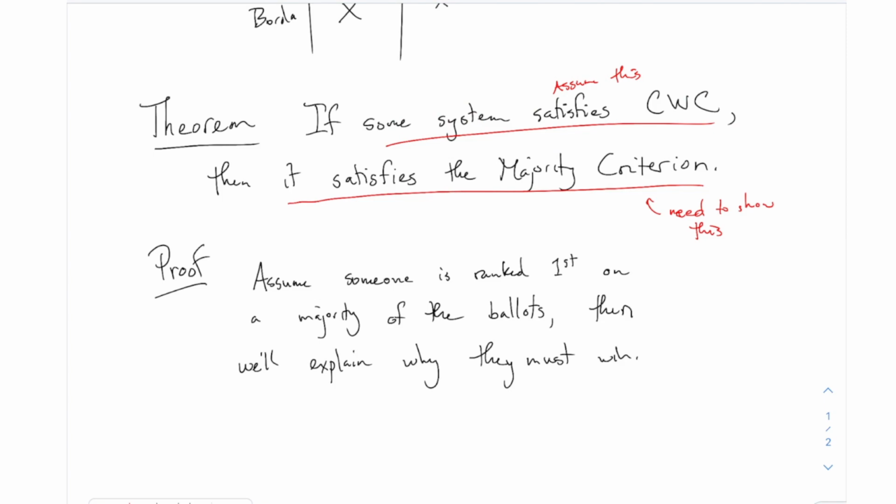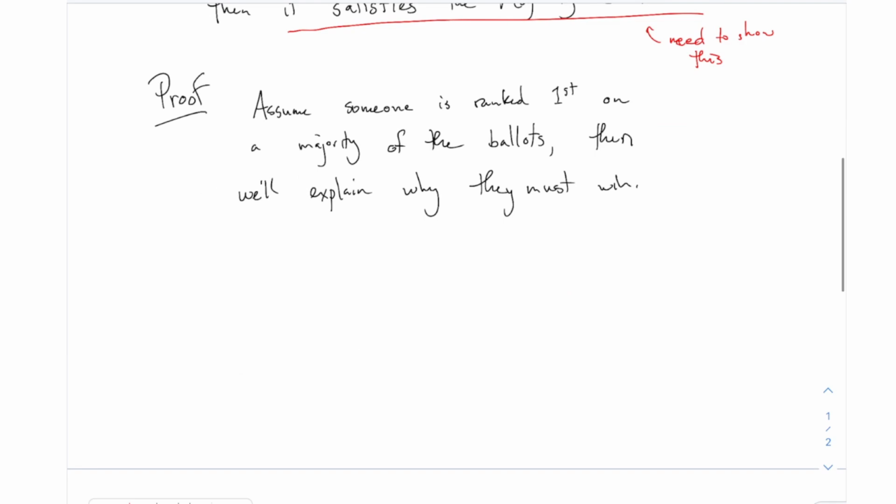But I haven't said anything about Condorcet here, and I would like you to notice, if someone really is ranked first on a majority, I think that automatically makes them the Condorcet winner. If they're actually on top on a majority of the ballots, then if you consider them versus any one other opponent, they're going to win because they were already on top on a majority of the ballots.